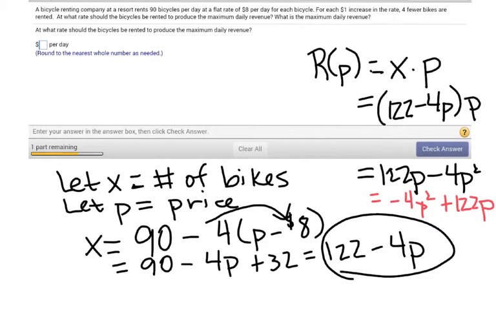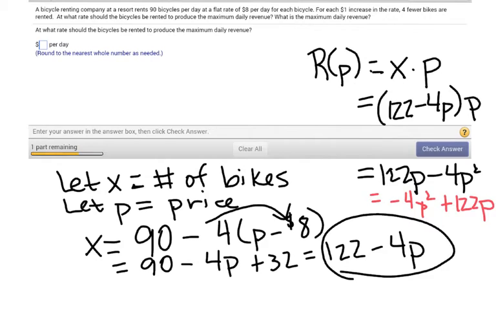Now that we have our quadratic equation, we can apply the vertex formula. The vertex formula says x equals negative b over 2a. Well, we've already set our x to equal the number of bikes, so that doesn't really apply here.